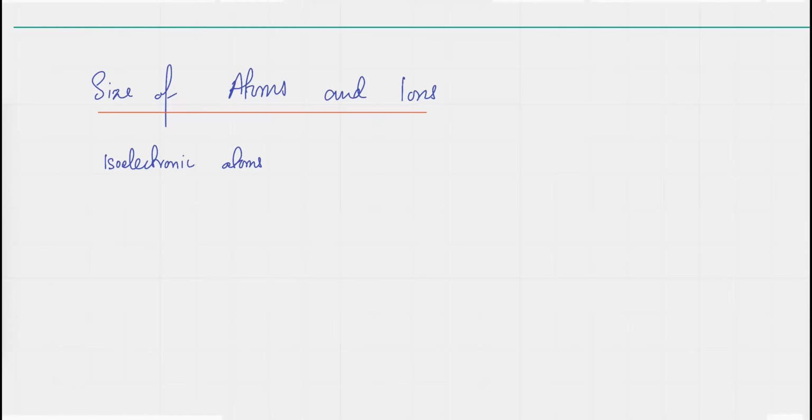Okay, I've sent the worksheet. Isoelectronic atoms, I think I've sent it.